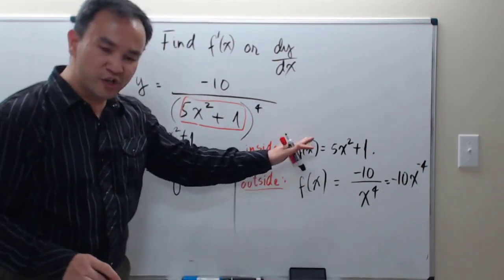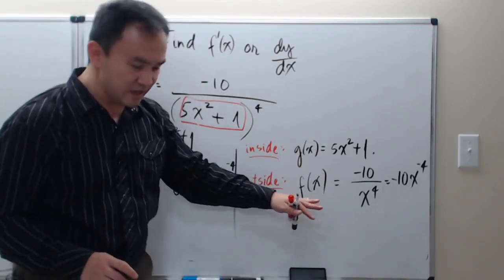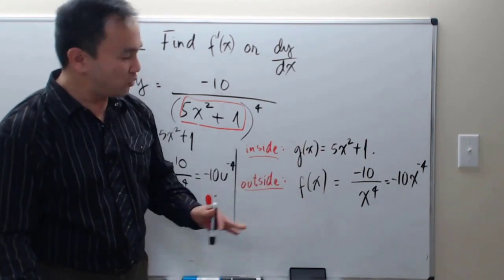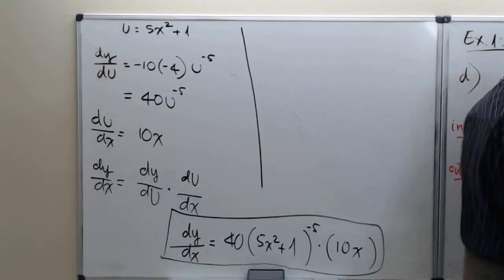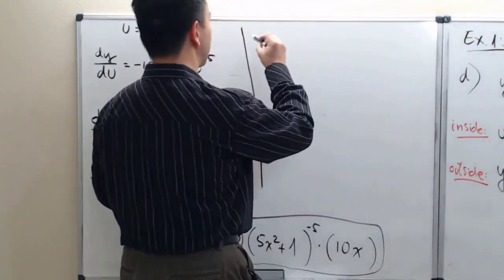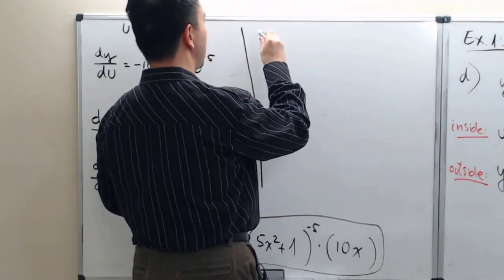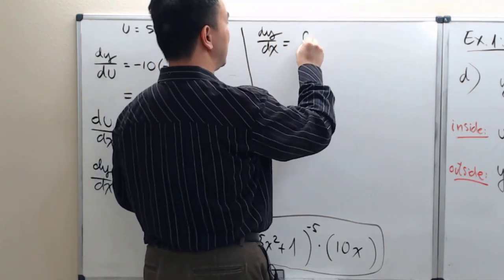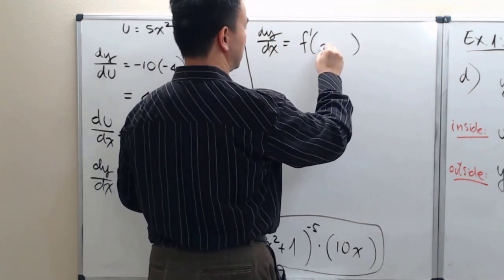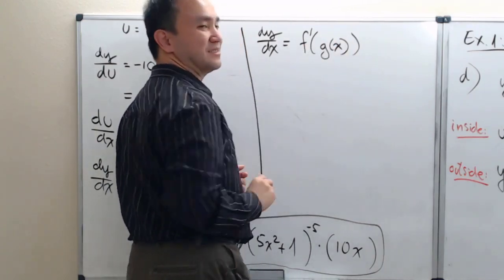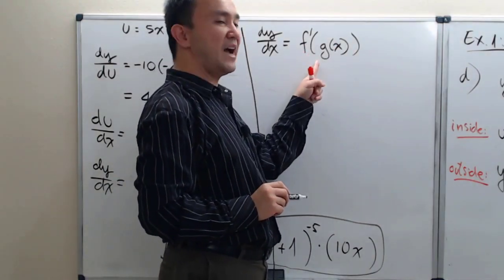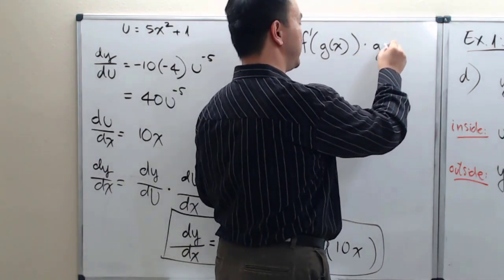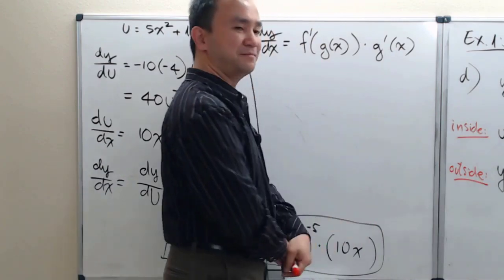It was a little challenging at first to see the connection between these as inside and outside, but once we can tear it down to this, then in this step, the chain rule says dy dx needs f prime of g, so f prime evaluated at the g of x function, times g prime of x.